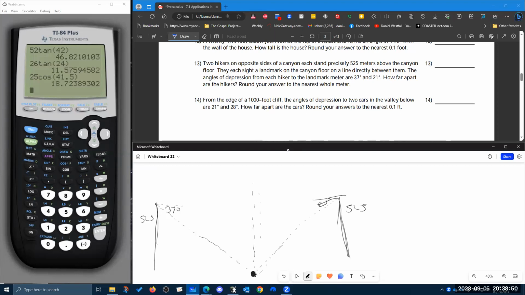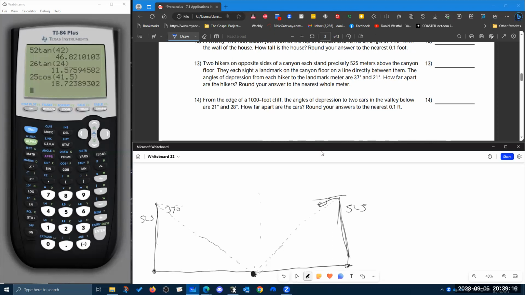How far apart are the hikers from each other? So we're going to figure out this distance of this base and this distance of this base.